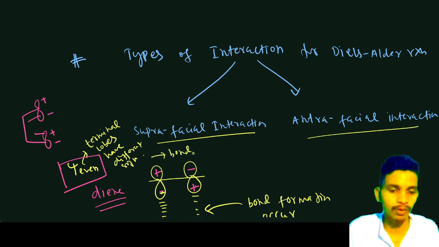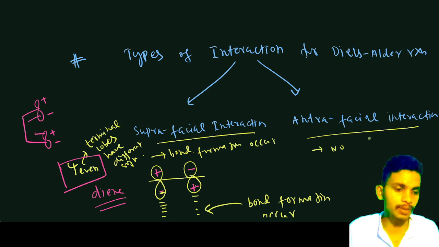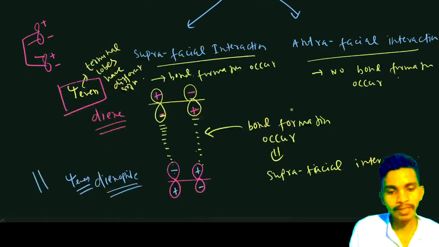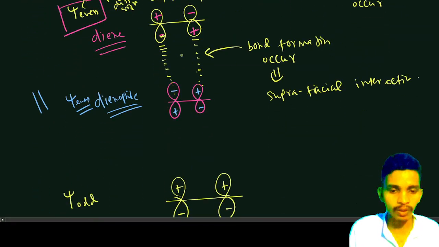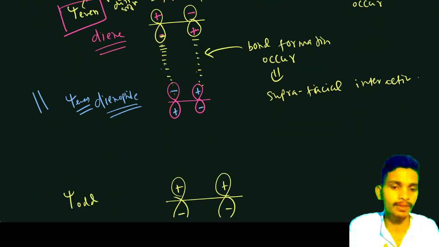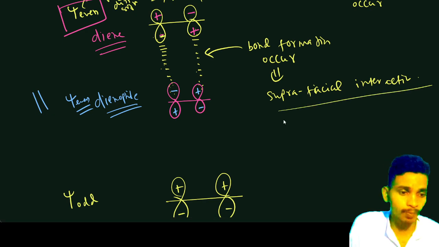Here bond formation is possible, and here no bond formation occurs. Suprafacial interaction means that in both cases the interaction is happening, the lower lobes and the upper lobes are both interacting. Where the interaction happens in both cases, that type of interaction is called suprafacial interaction.